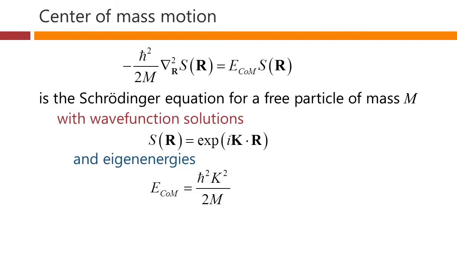And the eigenenergies associated with those are just h bar squared capital K squared over 2M. So this is exactly like the equation we've had before for an electron in free space, but now we're doing it for a particle of mass capital M. So this is the center of mass motion equation for the entire hydrogen atom. The hydrogen atom has to be able to move about like a particle, so it has an equation that allows it to do that and to describe it.